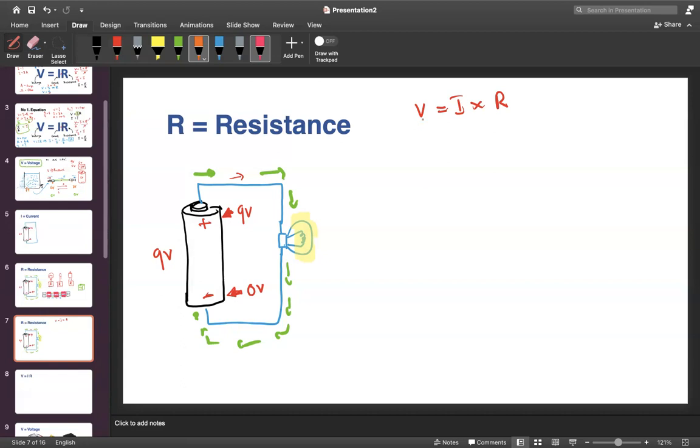In this equation, let me do a small calculation and show you, right? So let's say this is 9 volts. Okay, so this is 9 volts now, clear, right? Voltage is 9. Okay.